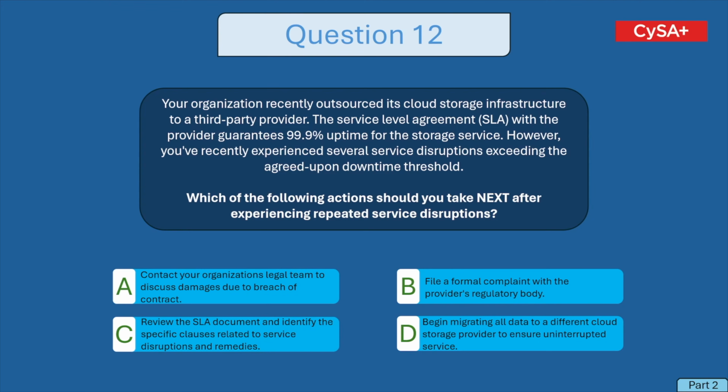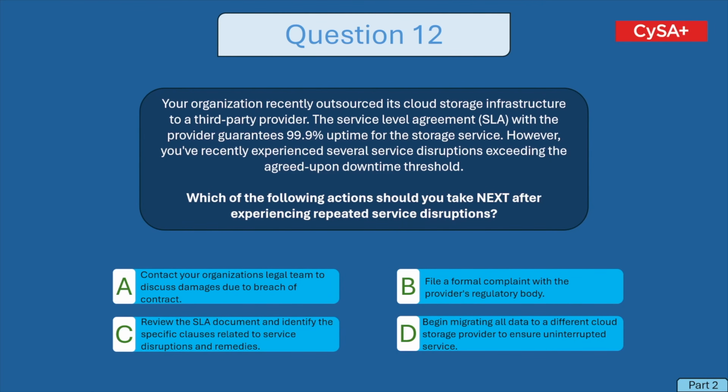Question 12. Your organization recently outsourced its cloud storage infrastructure to a third-party provider. The service level agreement with the provider guarantees a 99.9% uptime for the storage service. However, you've recently experienced several service disruptions exceeding the agreed upon downtime threshold. Which of the following actions should you take next after experiencing repeated service disruptions?